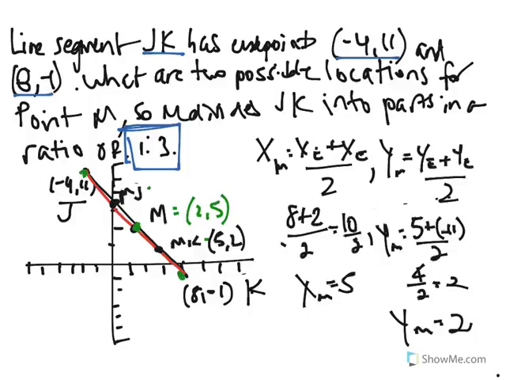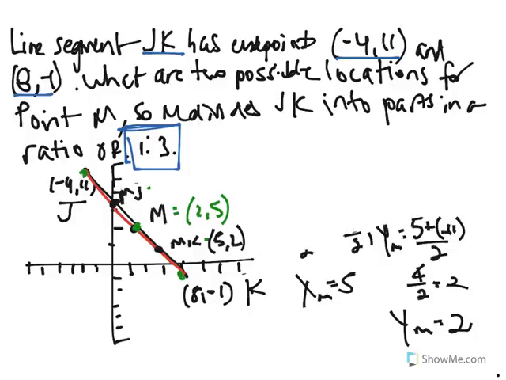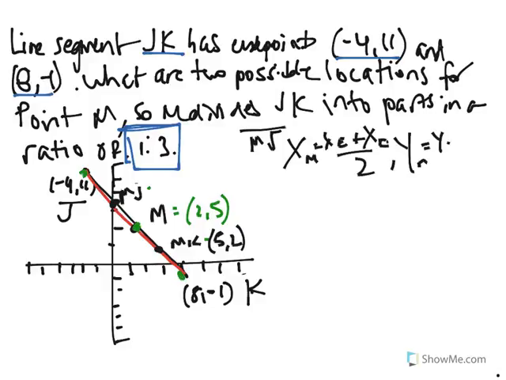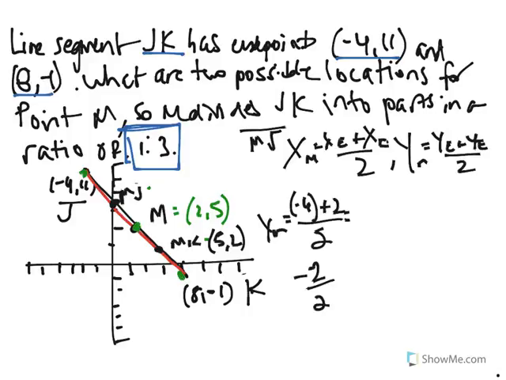And now we just need to find that other midpoint, of MJ. All right? So I write out my formula, of course, we always do. We have -4 plus 2 over 2, -2 over 2 equals -1, so xm equals -1.